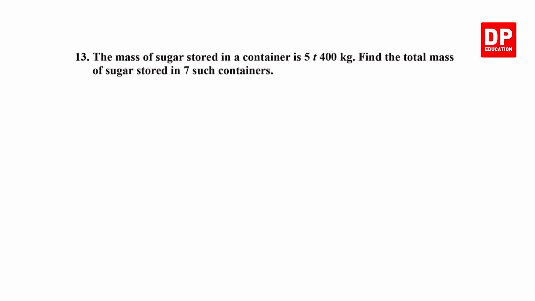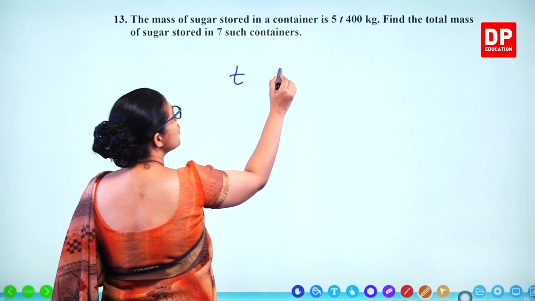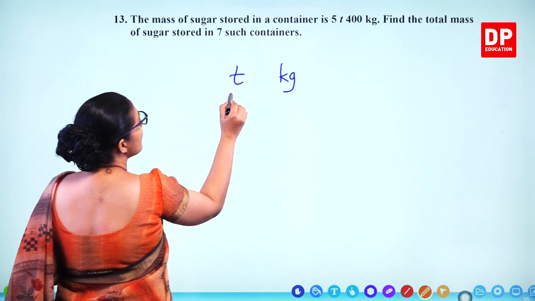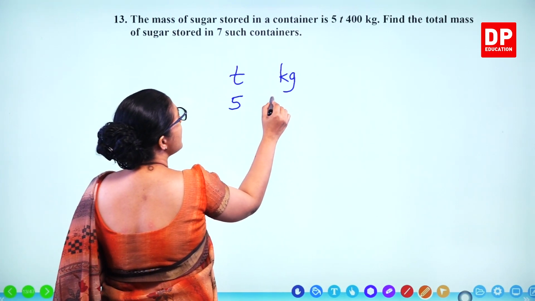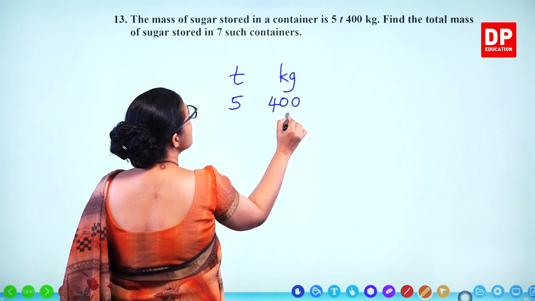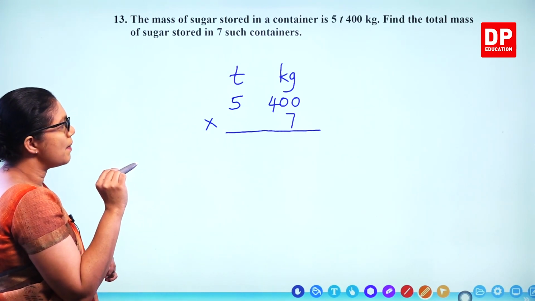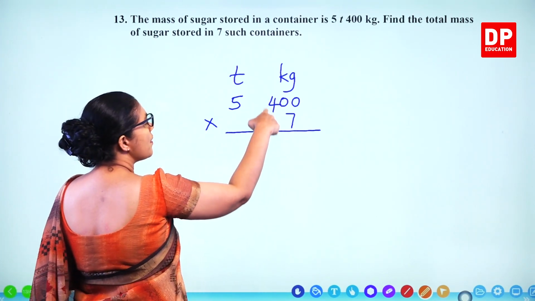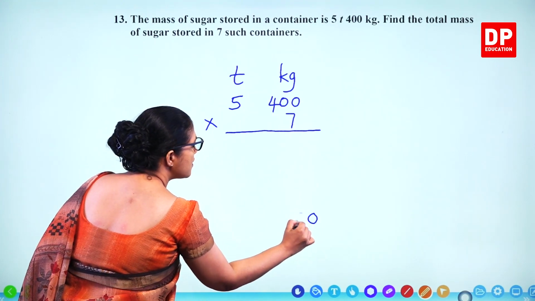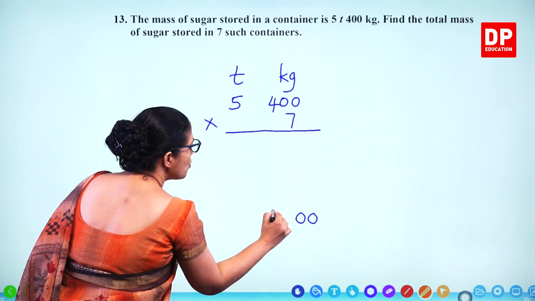Question number 13. The mass of sugar stored in a container is 5 tons and 400 kilograms. Find the total mass of sugar stored in 7 such containers. So that means multiplication. One is 5 tons and 400 kilograms. 7 such containers means you multiply by 7. So separately multiply. 7 times 0, 0. 7 times 4, 28.